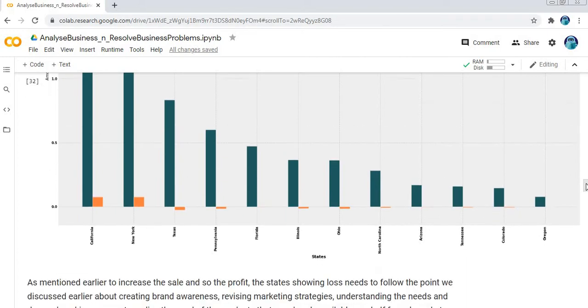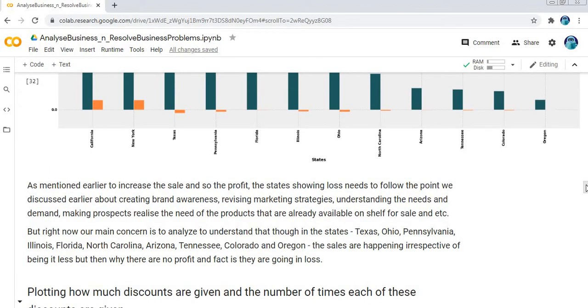So let's move forward. As mentioned earlier, to increase sales and show profit, the states showing loss need to follow the points we discussed earlier: creating brand awareness, revising the marketing strategies, understanding the needs and demand, making prospects realize the need for the products that are already available on the shelf for sale, and so on.